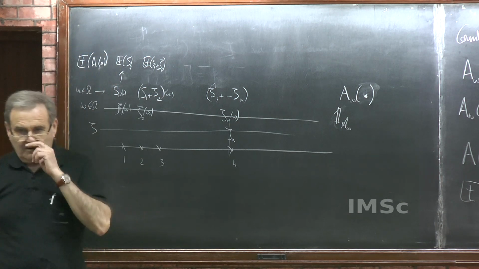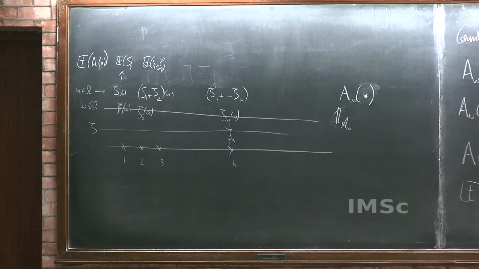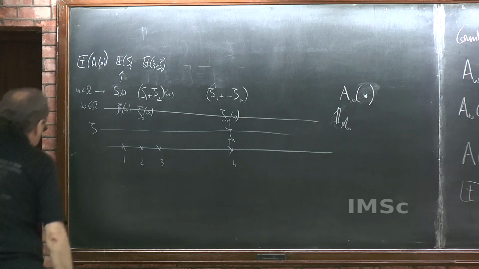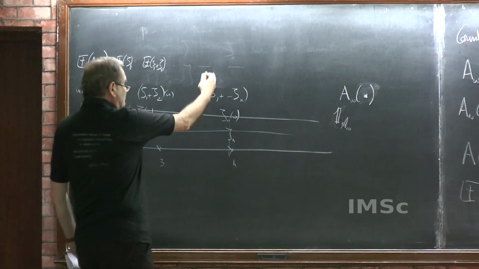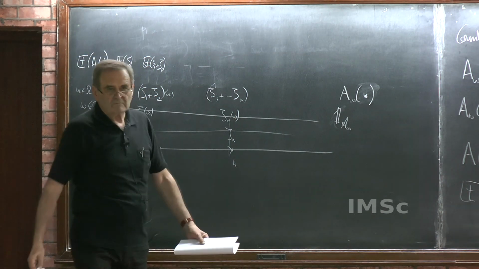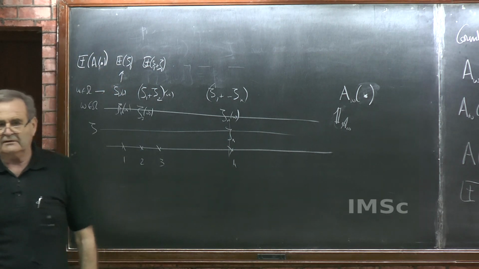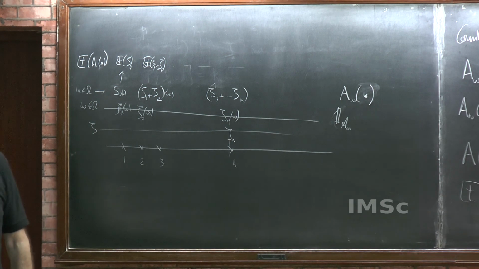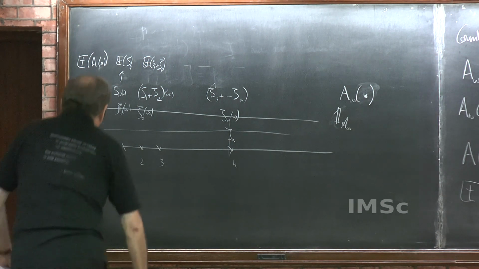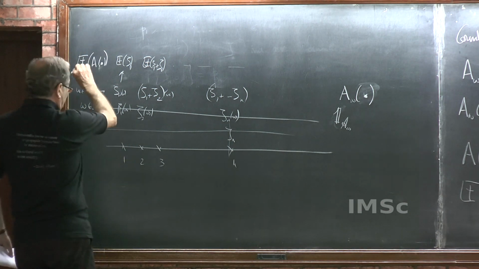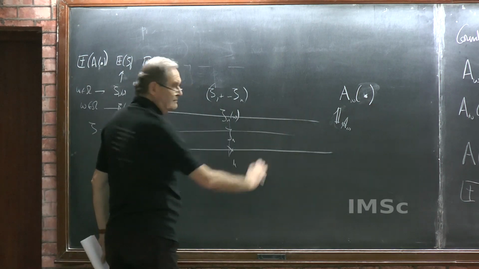Good. But this is not what we are interested in. For example, if you want something like a square, you would expect that the counting function should be something like square root of n. This would be a good hint. But indeed, what you are interested in is to take one single omega and look at this function.